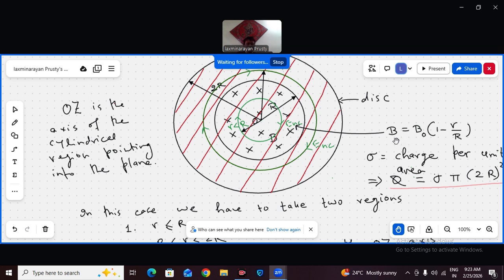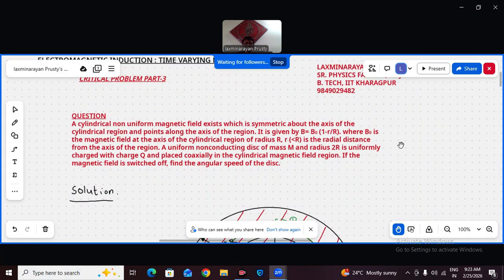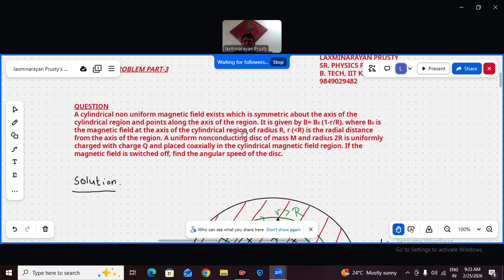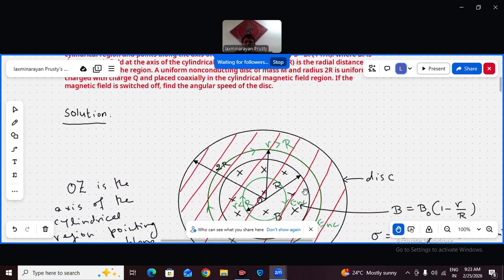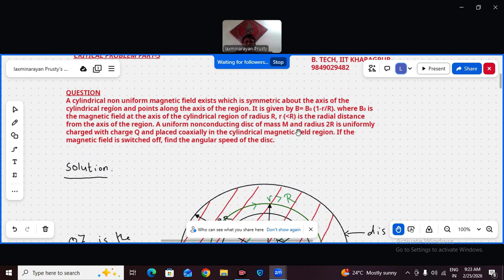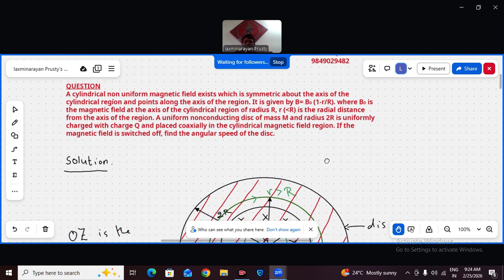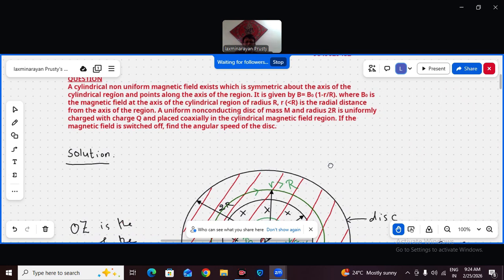You can see B is equal to B naught times (1 minus r by capital R). Here B naught is the magnetic field at the axis of the cylindrical region, capital R is the radius of the cylindrical region, and small r is the radial distance from the axis, which is less than capital R. So when small r is equal to capital R, B becomes 0, and beyond that B is 0 itself.